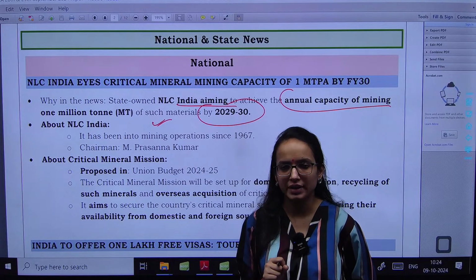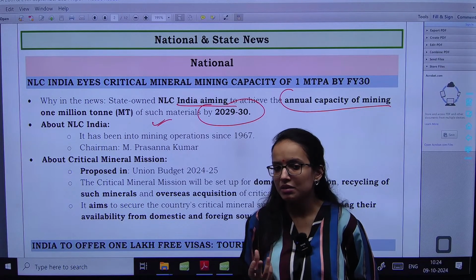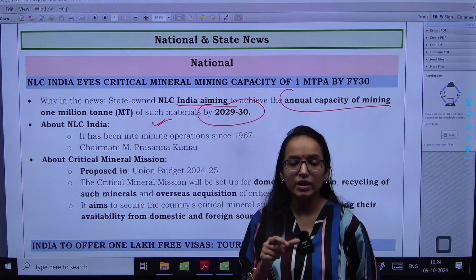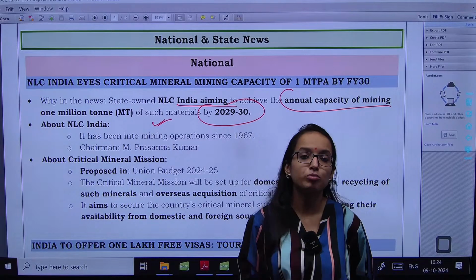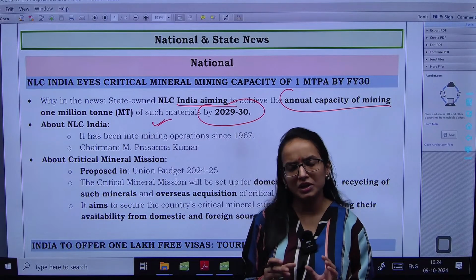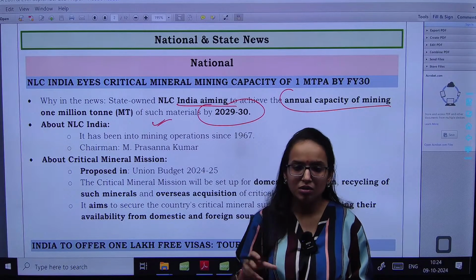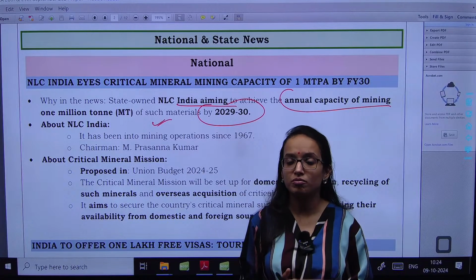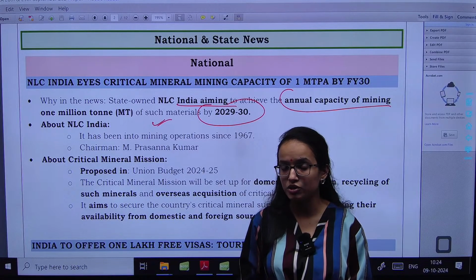Neyveli, if you have read, is a very famous mineral site located in Tamil Nadu, right? Neyveli, and also an important contributor to the windmill production, Nellore belt, if you remember. The surrounding areas, the Nellore belt, are very rich contributors to sustainable energy production.